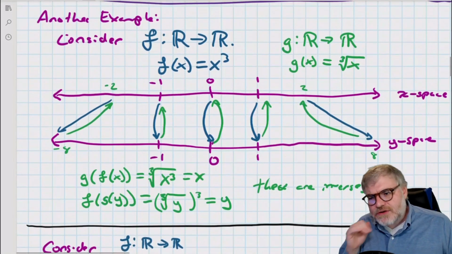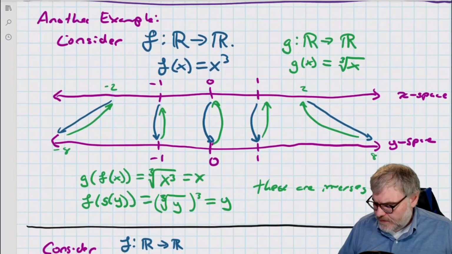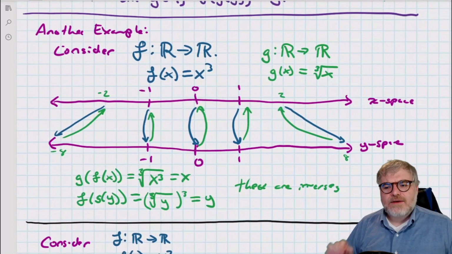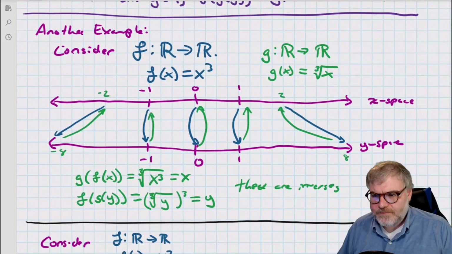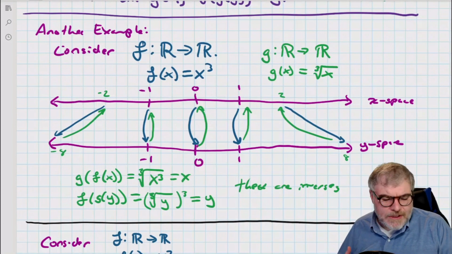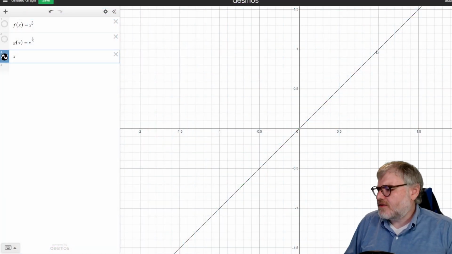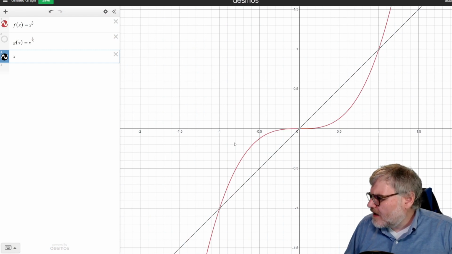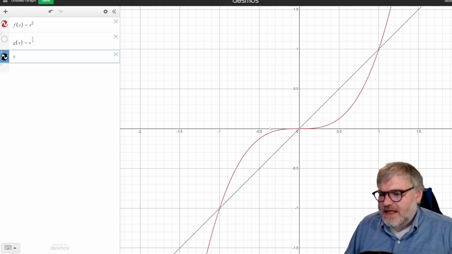And on the graph, you're used to seeing this on the graph, because that's how it was presented in pre-calc. These arrow diagrams were not presented in pre-calc, for most of you, if you took it at USF. But let's look at the graph of these things, just to refresh our memory. So here is x cubed, and if I want to graph the inverse, what I do is I switch the x and y axes.